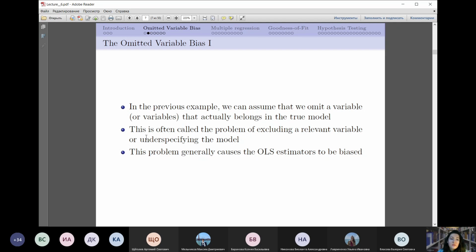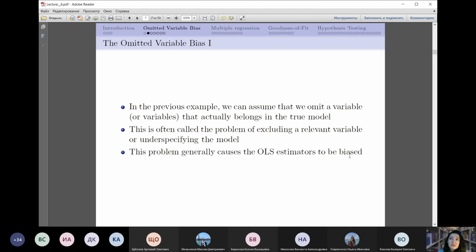So, of course, not in all cases does excluding some variables lead to the omitted variable bias. But in most cases, this problem causes our estimators to be biased. You should remember from the fourth lecture we discussed what a biased estimator means, what a consistent estimator means.